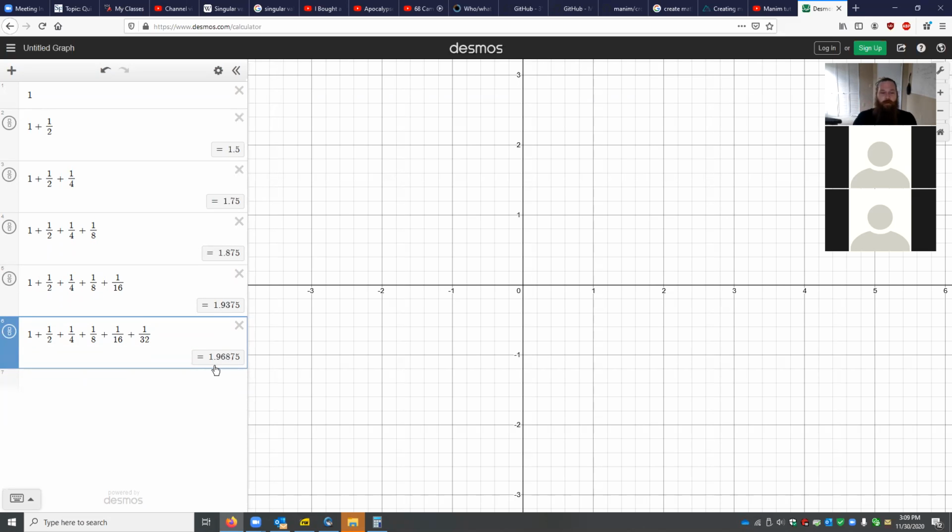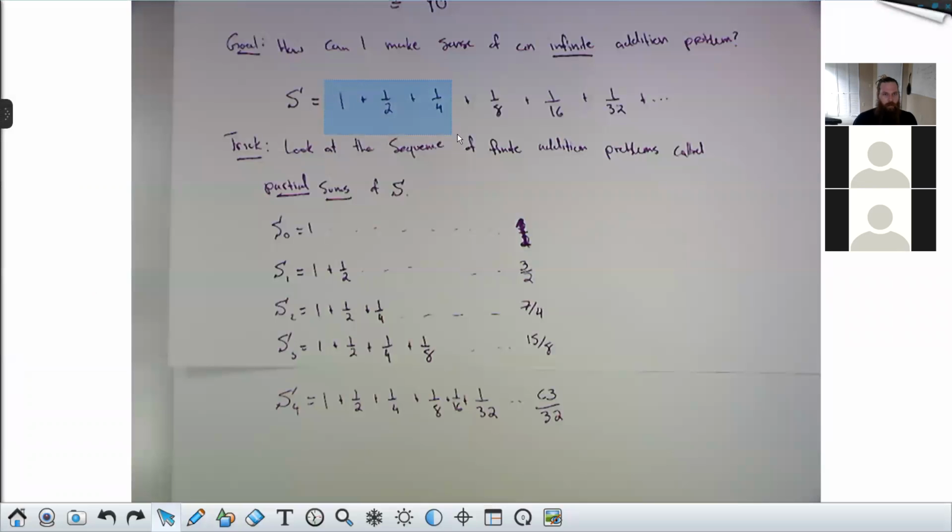And remember how the joke goes, the bartender pours 2 beers. So somehow, if you add 1 plus 1/2 plus 1/4 plus 1/8 plus 1/16 all the way out to infinity, that should be equal to 2, because as you give more and more and more terms to the sum, it approaches 2.